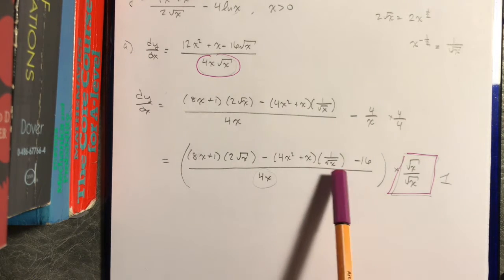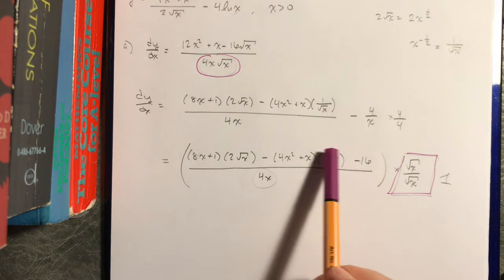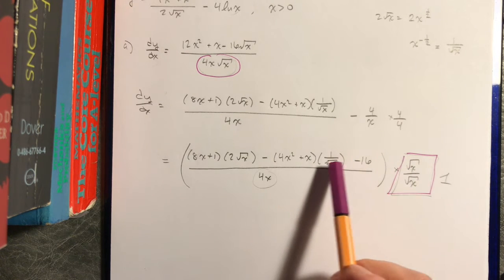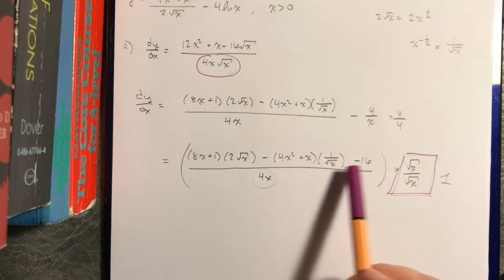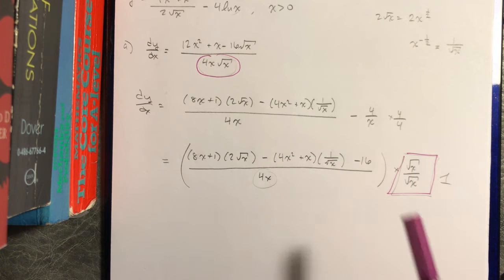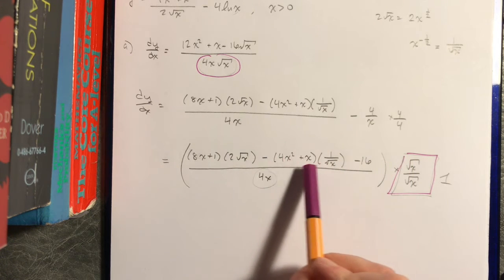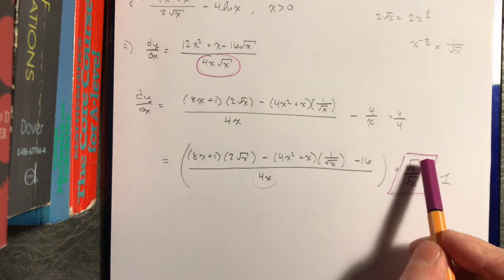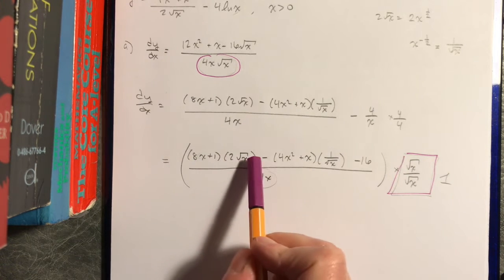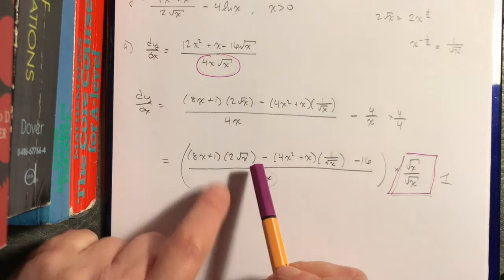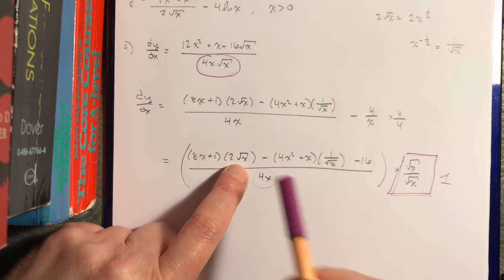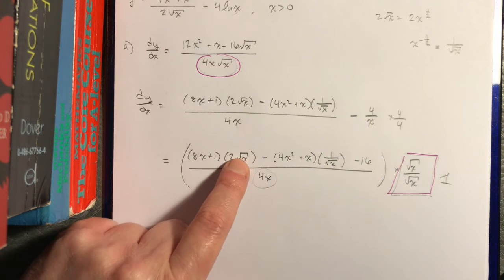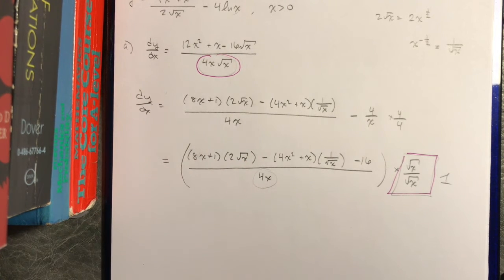If I multiply this bit by root x, that's going to interact with the 1 divided by root x, and that's going to zap away to 1 and leave me just with 4x squared plus x. And when I multiply root x by this piece, again, I've got root x times root x, and that's going to give me an entire x. So I'm going to have a 2x times that bracketed bit.